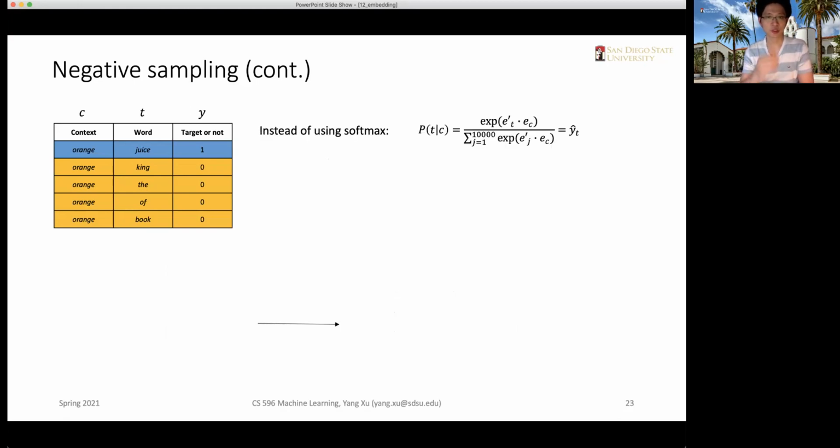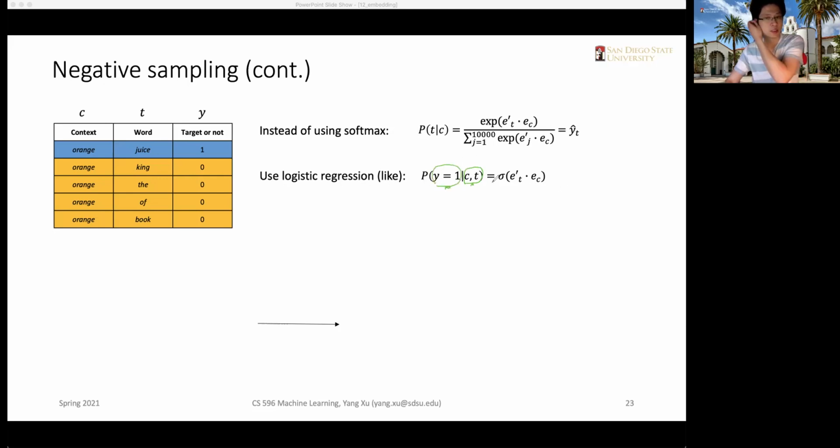Okay, so instead of using softmax, we don't want to use softmax. We can use something similar to logistic regression, right? We can use logistic regression that uses the context word and the target word as inputs, and the output is a binary variable, right?